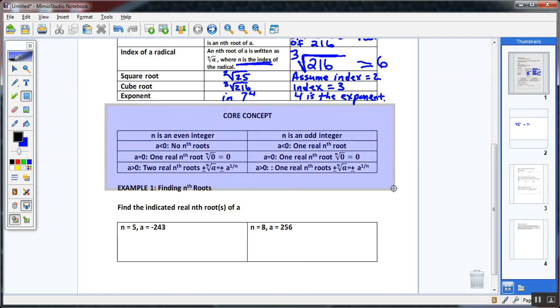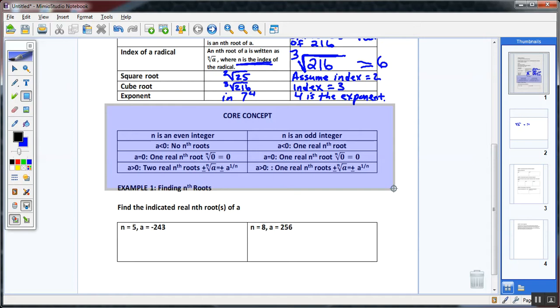Hey, this is kind of an important one right here, and I'm not going to get too wrapped up in what that core concept says. Well, let's do this. First of all, core concept. We're going to talk about these index values, or these exponents, if you will, in terms of an even integer or what else, kids? Okay, let's talk about this right here.